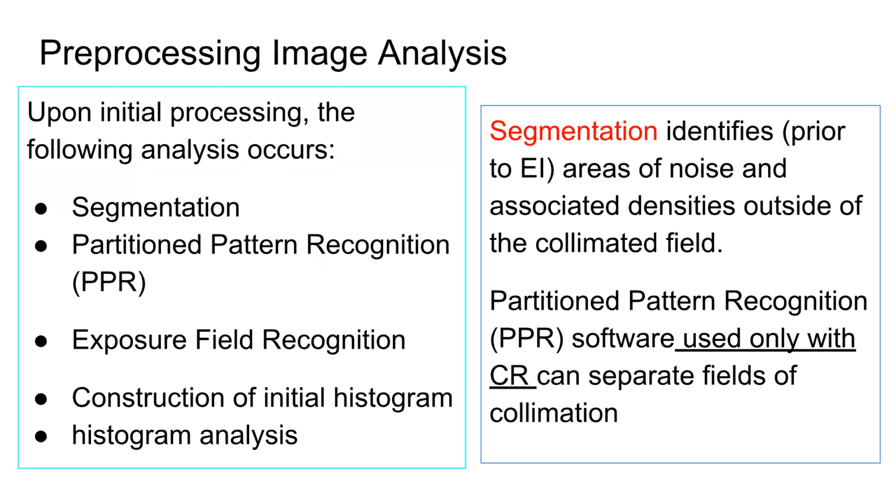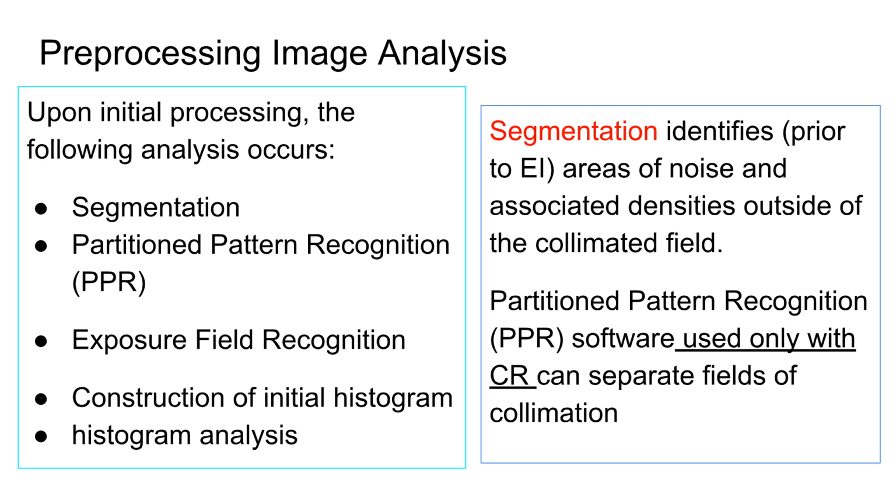The PPR goes to the CR, but it's not exactly the same as the EFR. Okay, so you can have fun with this. But all of this is going to lead to the construction of your initial histogram. These things happen to your raw data to create the histogram that will then be compared to the computer's lookup table histogram. Okay.